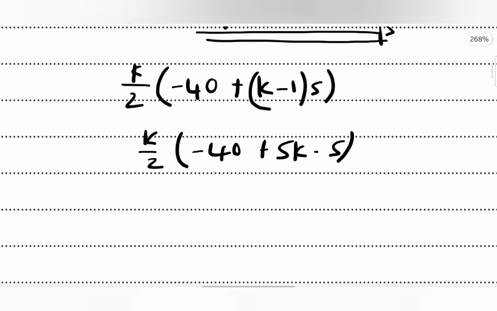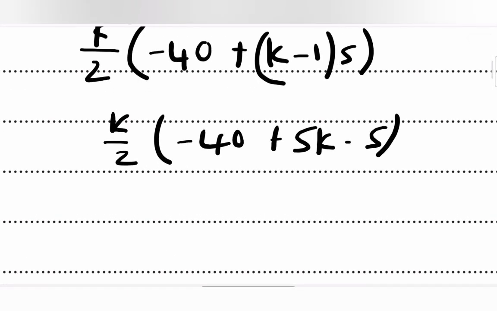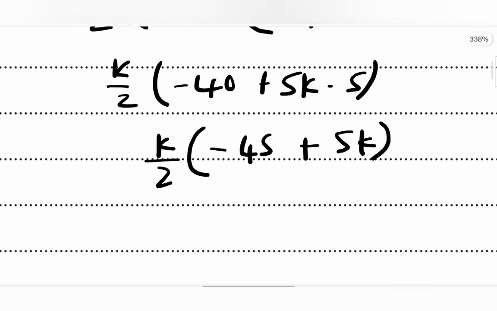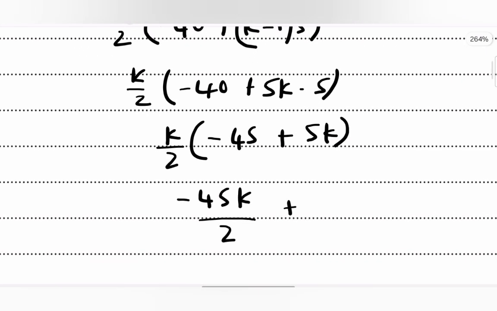And simplifying this, we get k over 2 times minus 45 plus 5k, like this. So we have minus 45k over 2 plus 5 over 2 k squared.